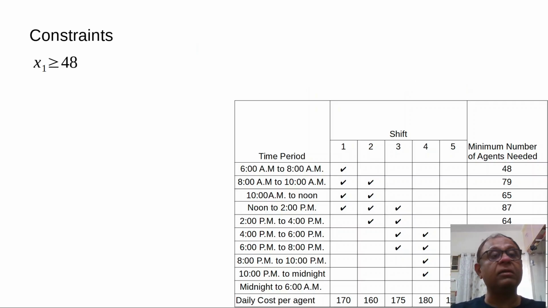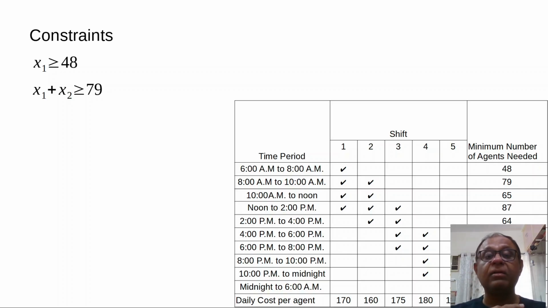The constraints here are that the minimum number of agents in shift number 1 for the period of 6 a.m. to 8 a.m. should be greater than or equal to 48. Similarly, the other constraint is that the total number of agents in shift number 1 and 2 should add up to at least 79 for a period of 8 a.m. to 12 noon.